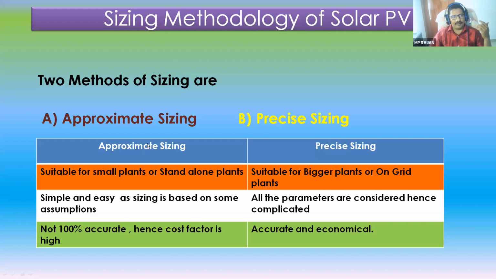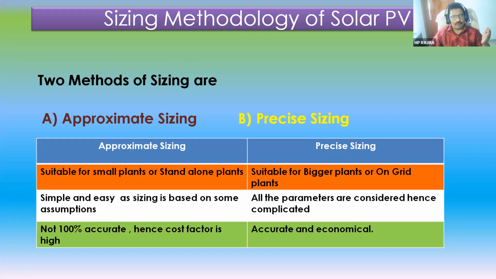What is the main difference between approximate sizing and precise sizing? Just now we have seen so many parameters. If you consider all the parameters, you can reach an exact sizing of the plant, but it is very difficult. It is not so easy. Some parameters we have to avoid. Instead of those parameters, some approximation, some assumption will be carried out.